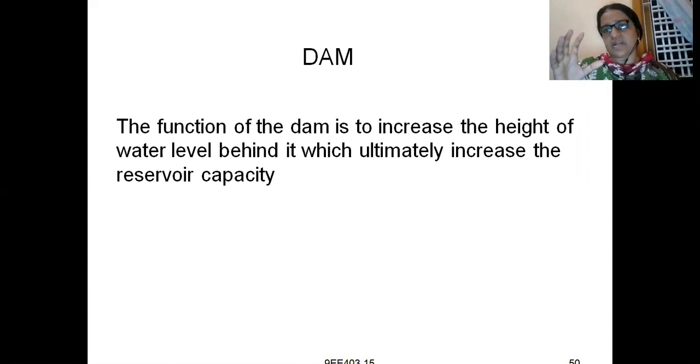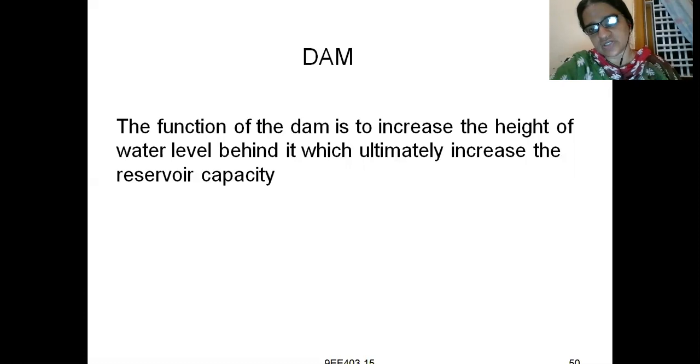Where it should be constructed, and what areas will be affected if you construct the dam, all these measures will be observed, and civil engineers will plan it in a proper manner. It will take some years to construct and come into operation.